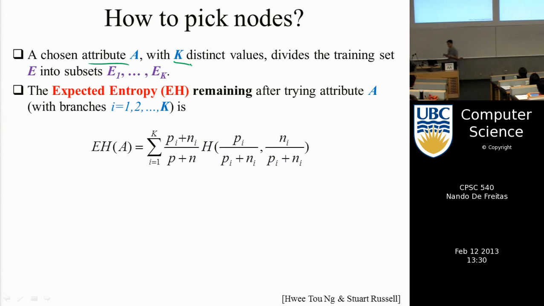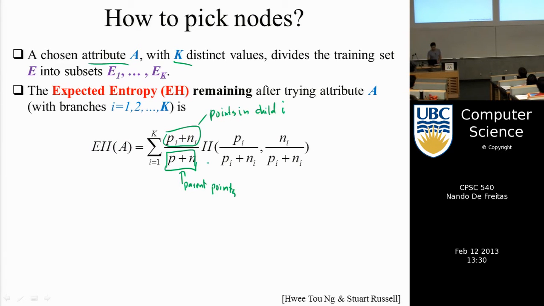So if the total number of points is P plus n, so the number of positives, the number of negatives, then for each leaf, the total number of points in leaf I, so these will be the points in child I, the points that ended up in the child divided by the points in the parent gives the probability of that child being reached.